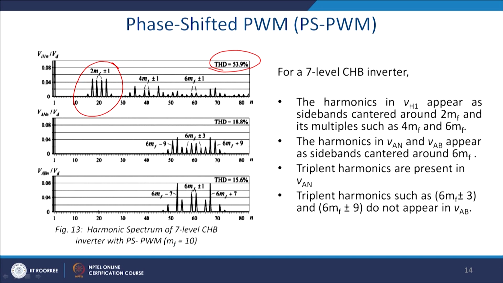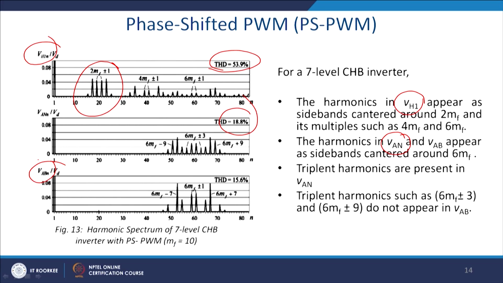The harmonics of VH1 will appear as sidebands centered at 2 mF and multiples of 6 mF. The harmonics in phase voltages like AN and AB will appear in the sidebands. You can see that this will be cancelled, and ultimately VN will have its first harmonic at 6 mF. So, THD will be drastically reduced to 18.8%.